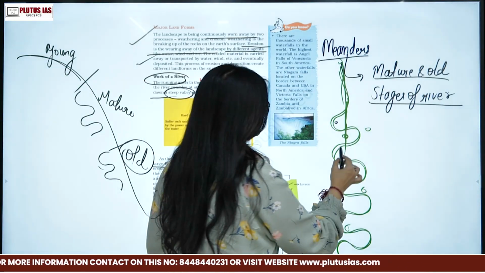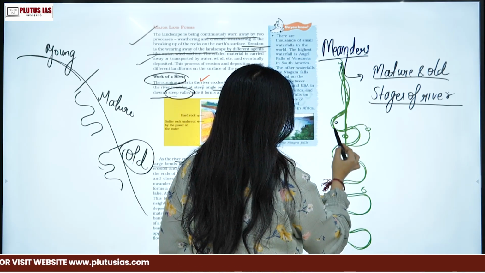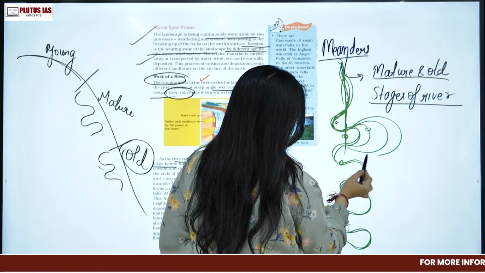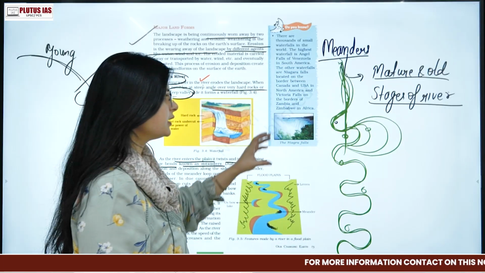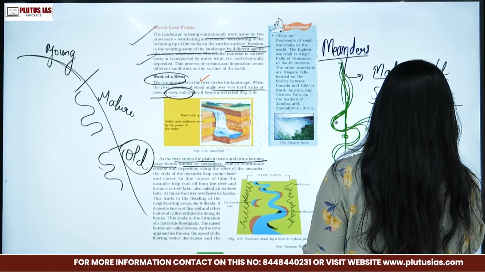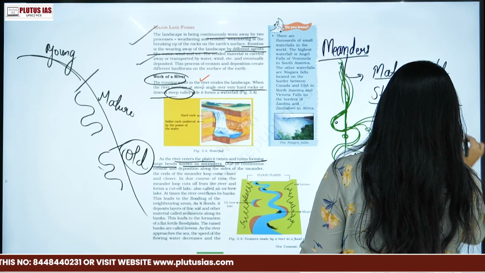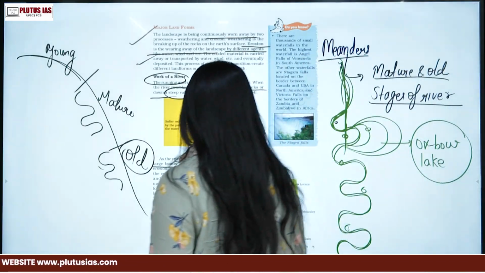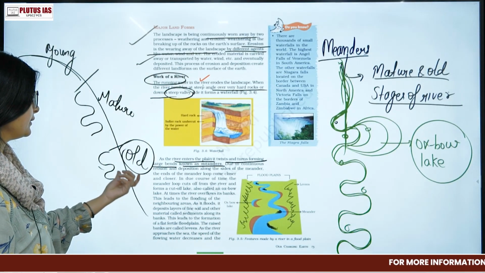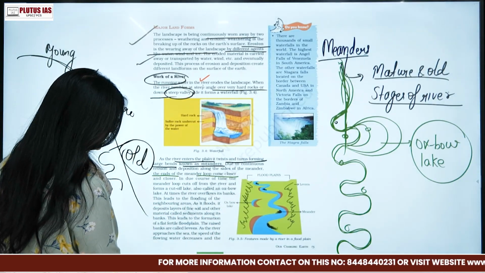Now when it meanders a lot, for example, when it takes a big U-shaped curve, it is bound to form an oxbow lake. Due to continuous erosion and deposition along the sides of the meander, the ends of the meander loop come closer and closer.